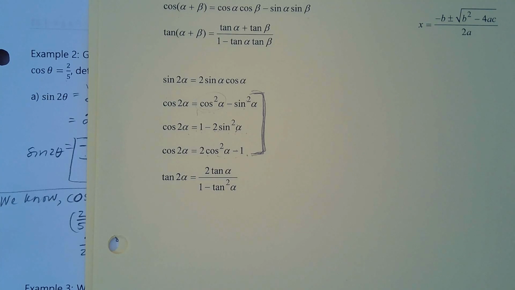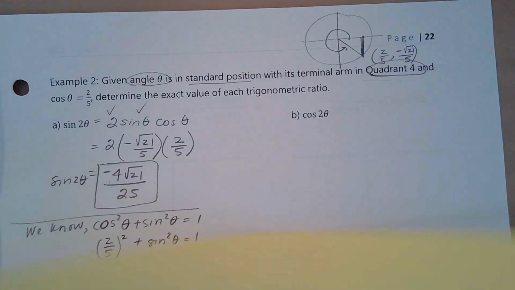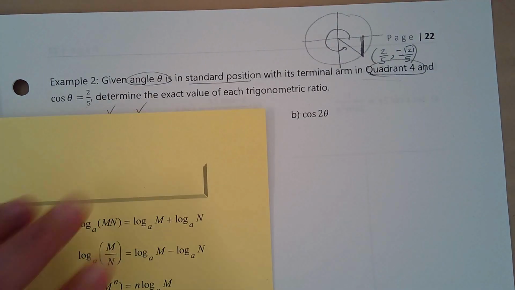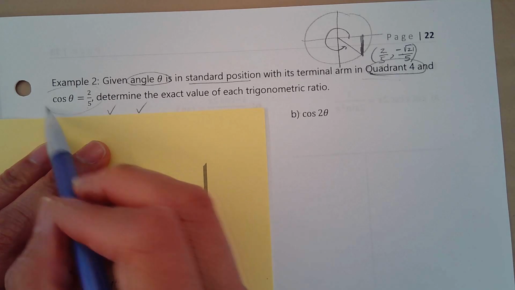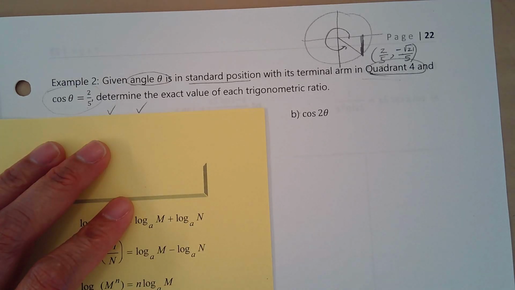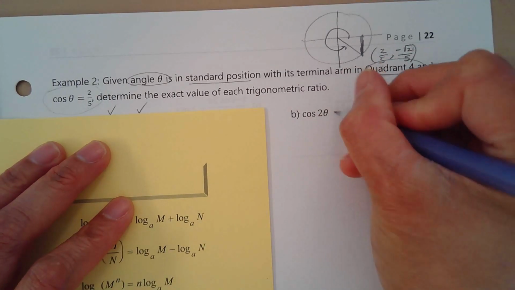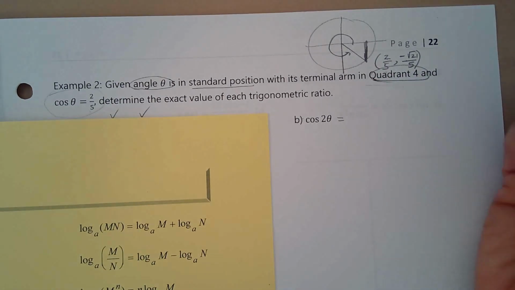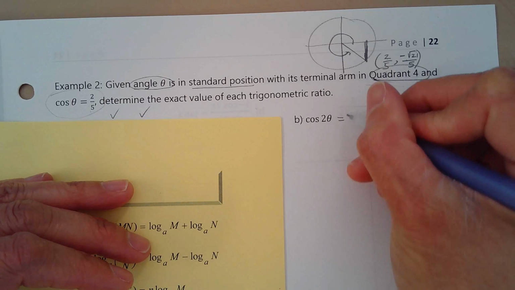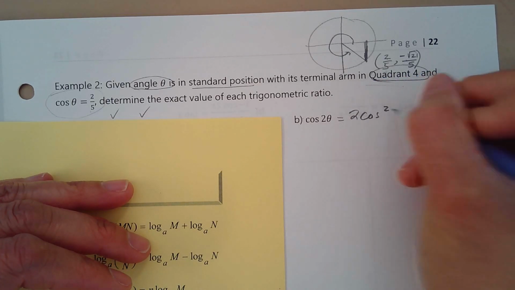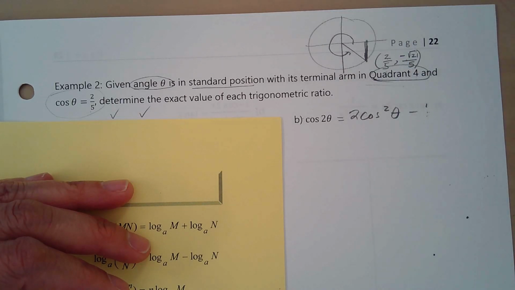Yeah. So certainly, if let's say we have just this part, it makes sense to actually say 2 cos squared theta minus 1, right?